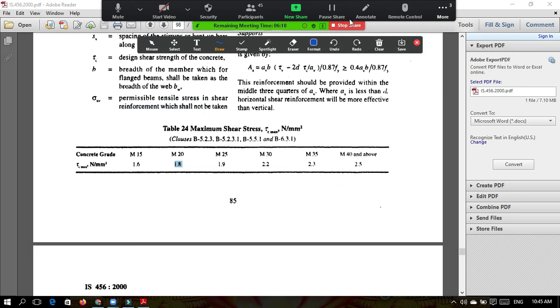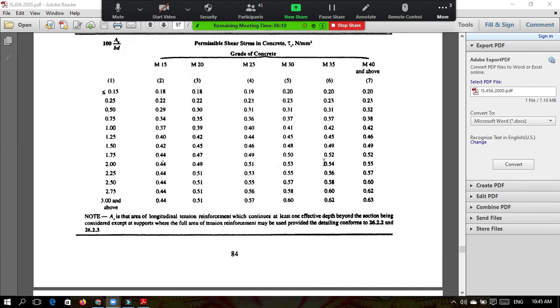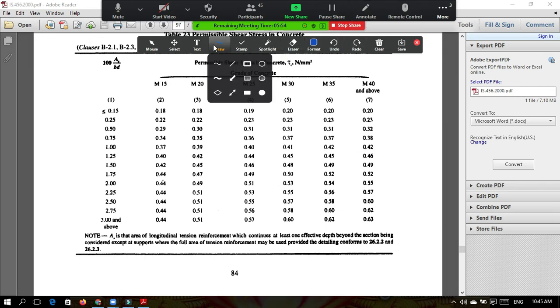Now if we move to the above table, this is the table for permissible shear stress for beam. What is the permissible stress now? For 0.5, the value for M20 is 0.30. For 0.75, the value is 0.35.